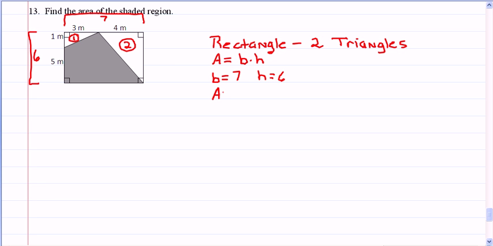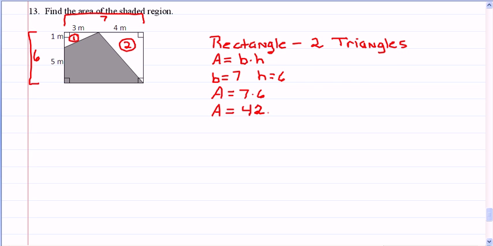So the area of the rectangle is 7 times 6, which is 42.